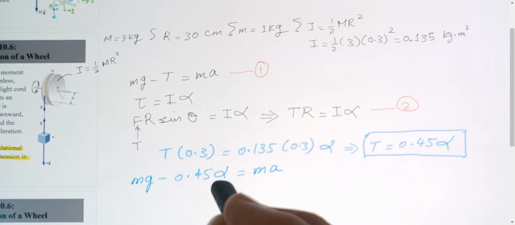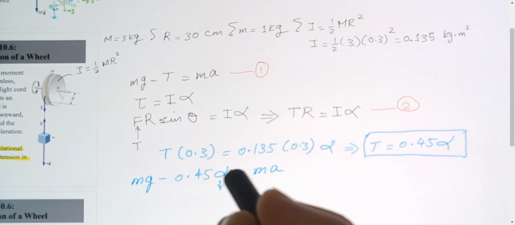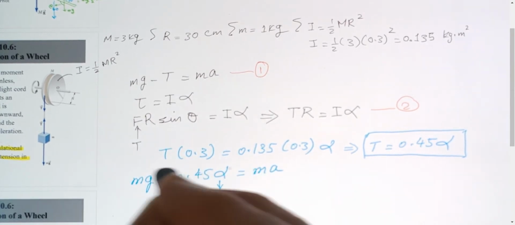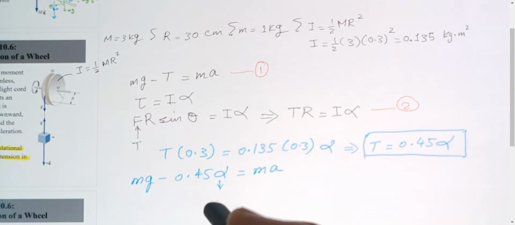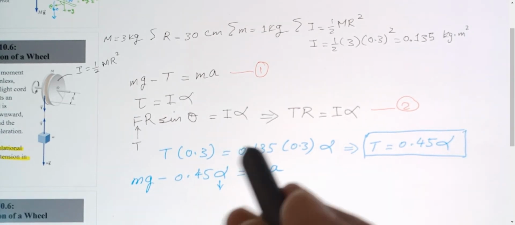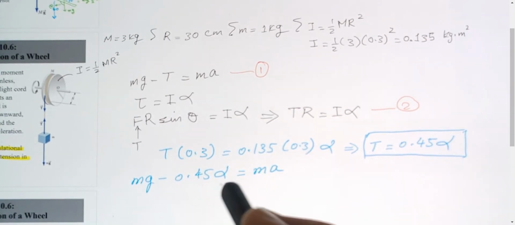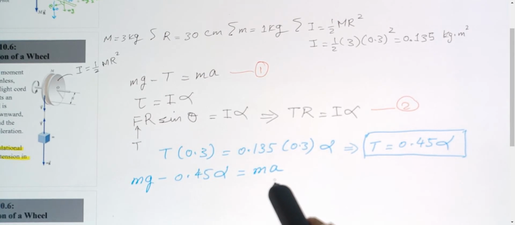So I go back to equation 1 and write mg minus 0.45 alpha is equal ma. And alpha in terms of A, so I can solve it. No, I need to find alpha. Sorry, I need to find alpha.